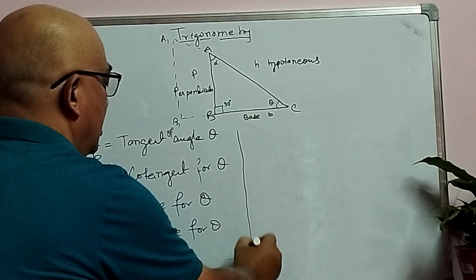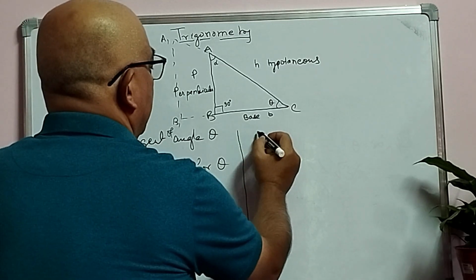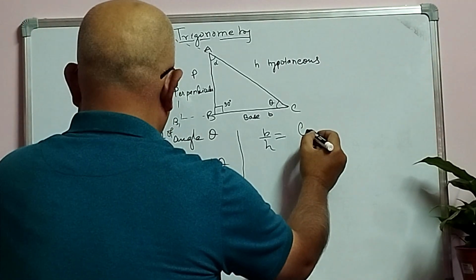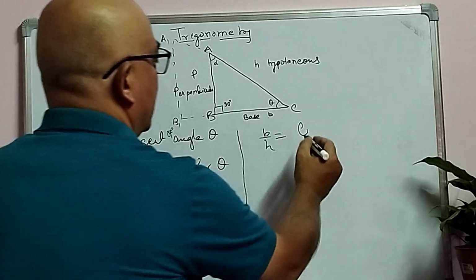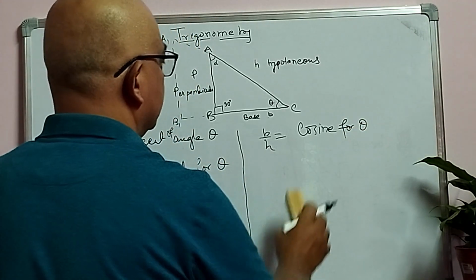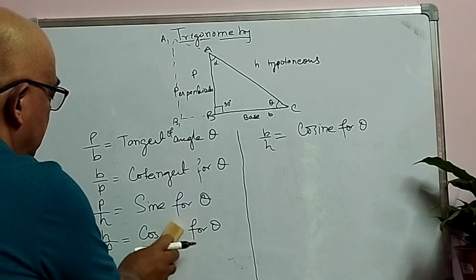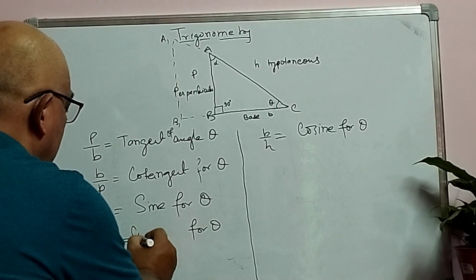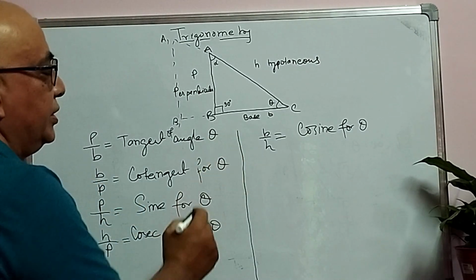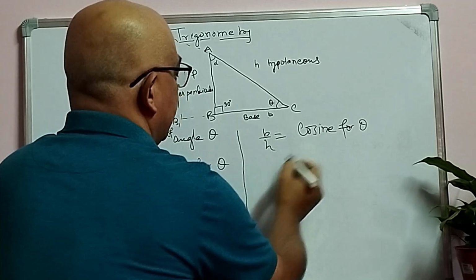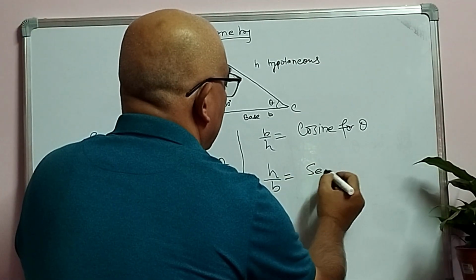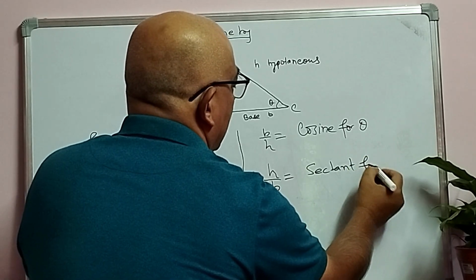Likewise, B by H is cosine for theta, and hypotenuse to B is termed secant for theta.